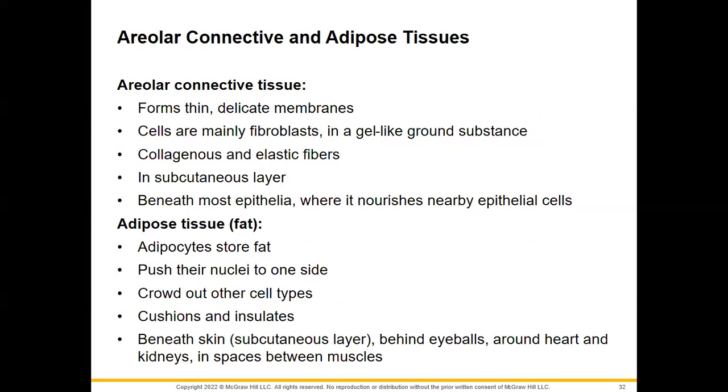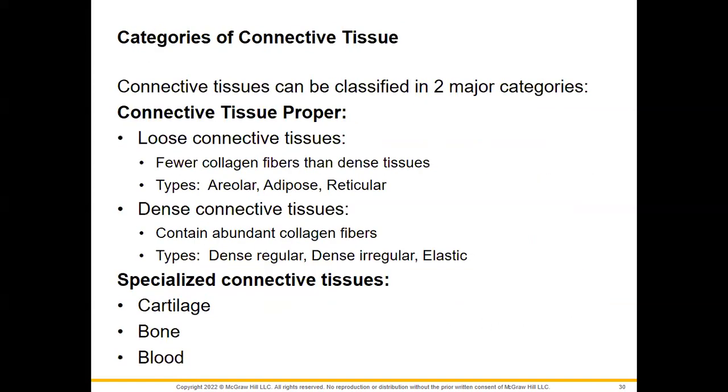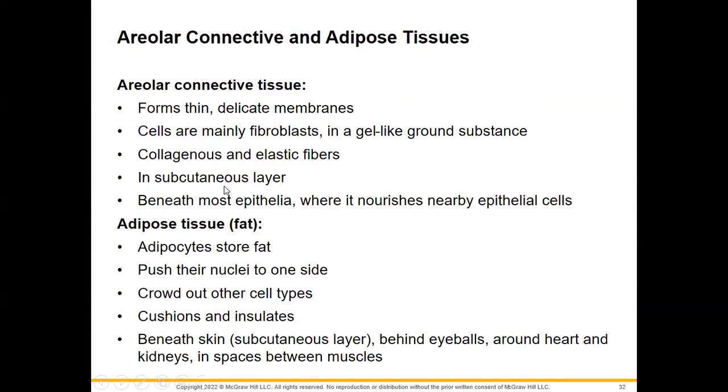All right. We talked about, let me go back to, so in this loose connective tissue, we said that the different types are areolar connective tissue, adipose tissue, and reticular tissue. Let's talk about areolar connective tissue. Areolar connective tissue forms a thin, delicate membrane.